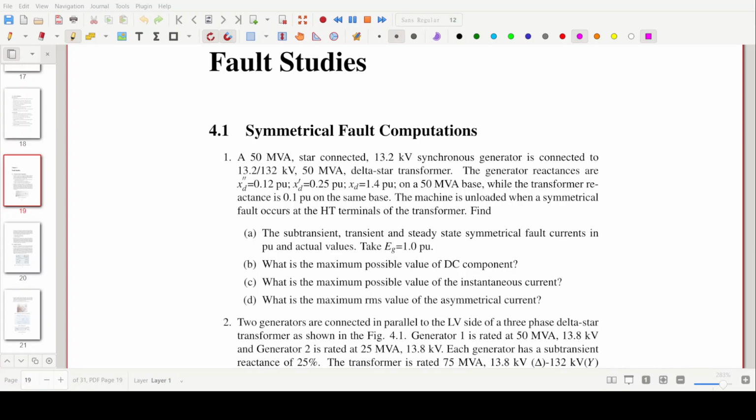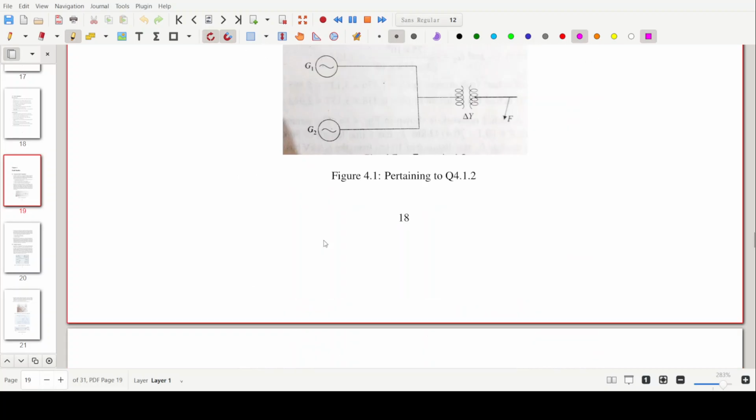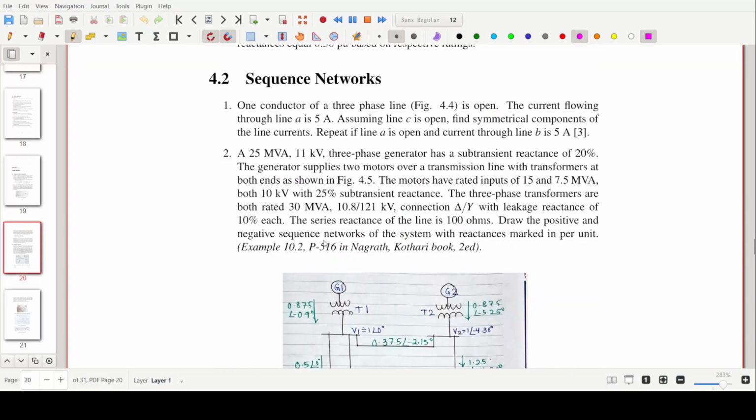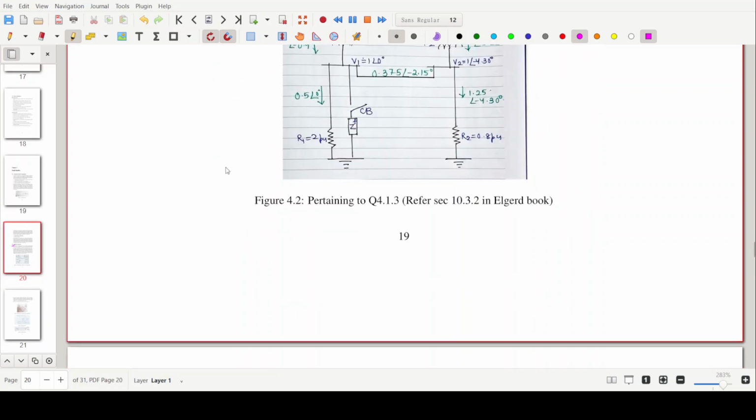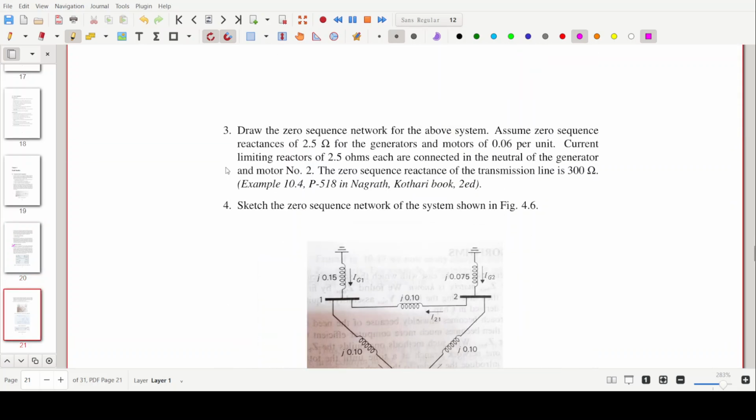We did some problems related to symmetrical fault computations. All these problems we have done in the class. Now question number 1 is related to the symmetrical components. The solution is given in the PPT. What I just showed you is question number 2, question number 3 and question number 4.